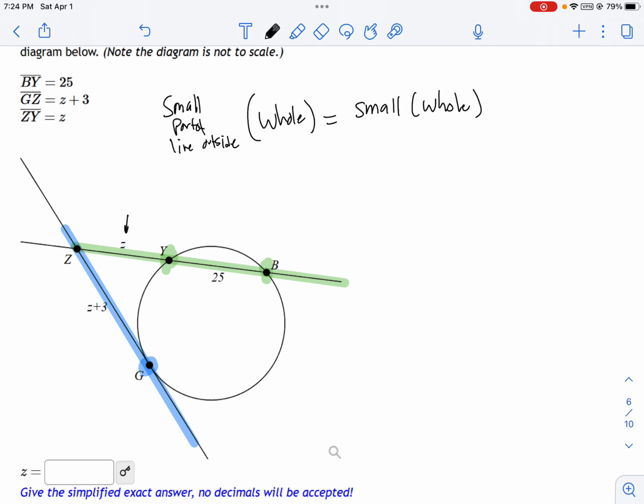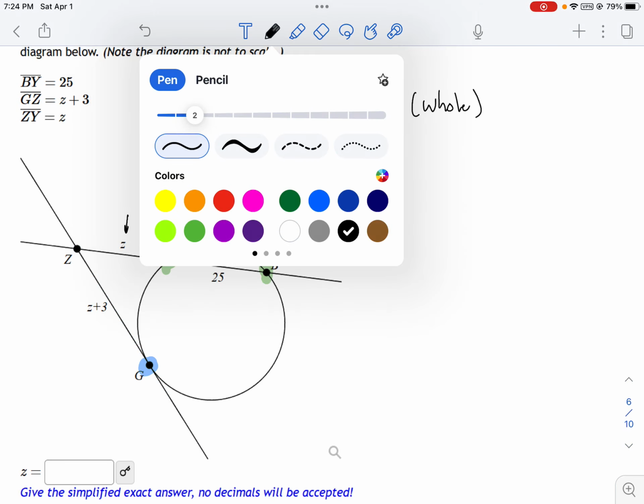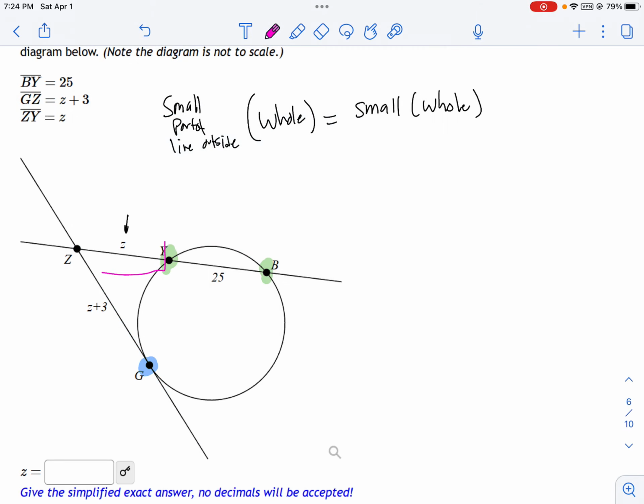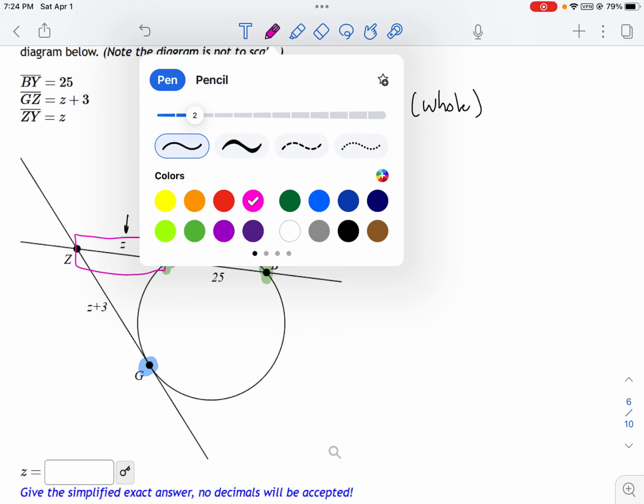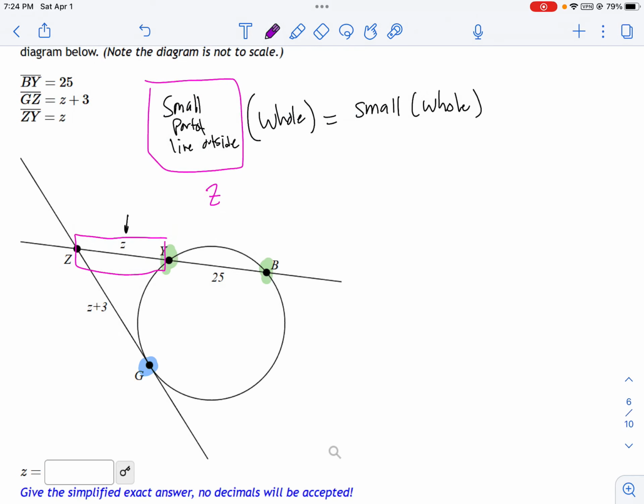So when we're looking at this, essentially how this works is that you have two lines, and you take the small section of the line that's outside a circle. So in this case, that would be your length of z. And then you times it by the whole length of the line. So that wouldn't just be the 25, that would be the entire thing. That would be z plus the 25.